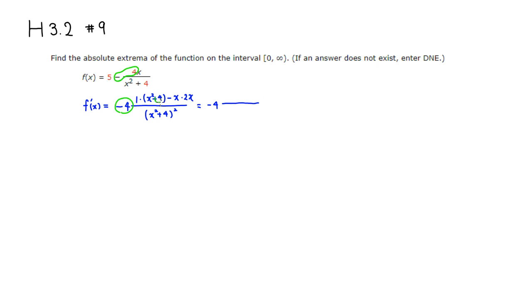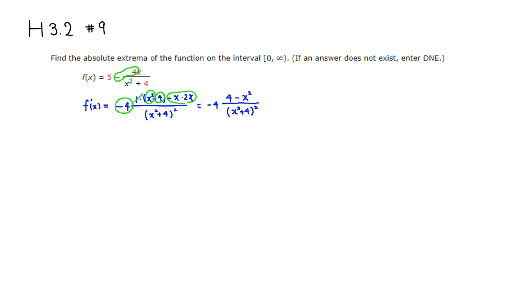The 1 doesn't really do anything, so here we have a 4. Then if you combine, there's an x and a negative 2x, so it's going to be minus x squared. Then the denominator is x squared plus 4 squared.